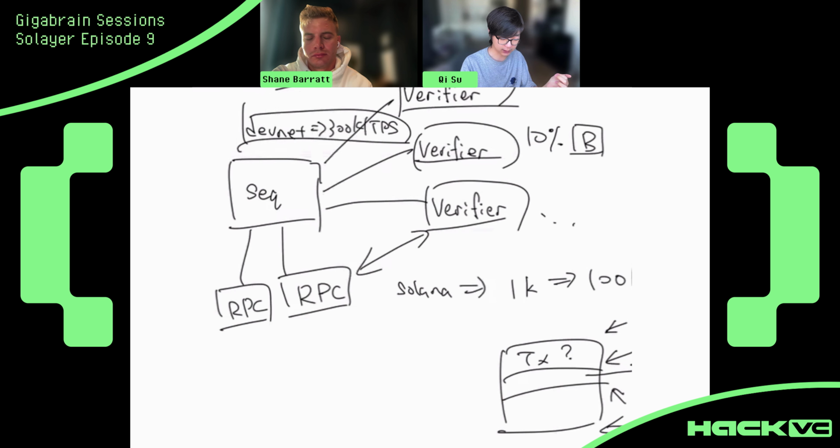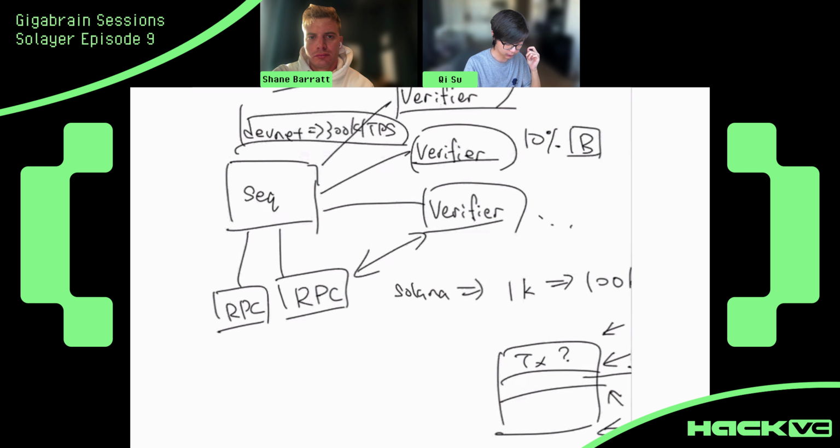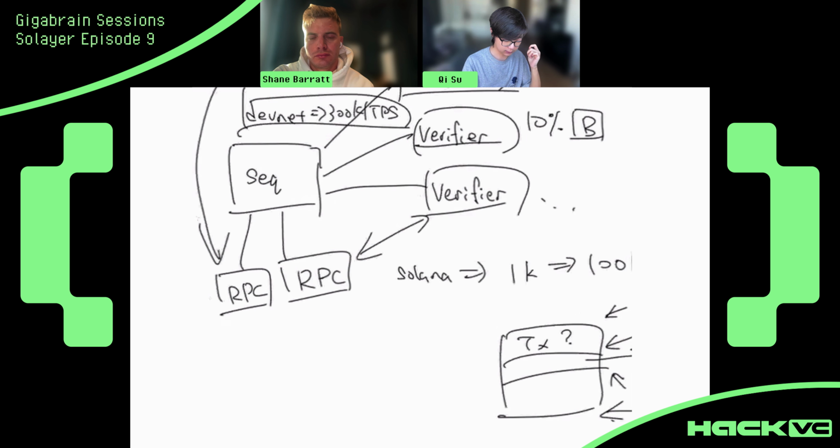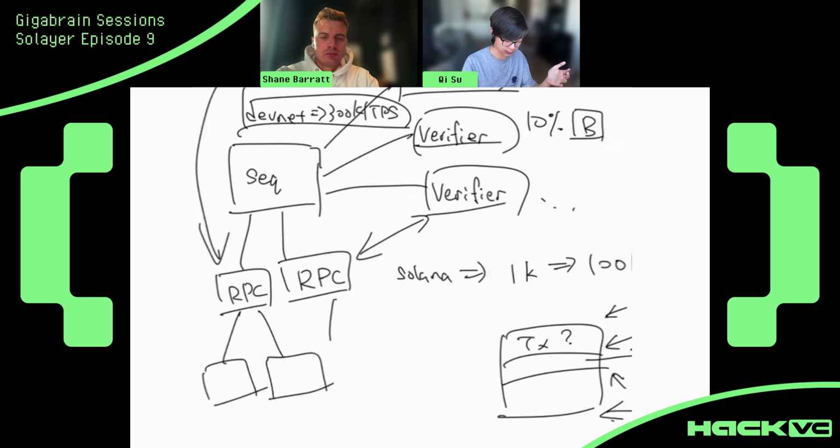The verifier itself can act as an RPC node as well, two components in the same binary. These RPC nodes also receive these blocks, and that's basically how they communicate with each other. We will have a fan-out architecture so that the RPC and verifier nodes broadcast all the transactions to the network. That's the general structure of our chain.